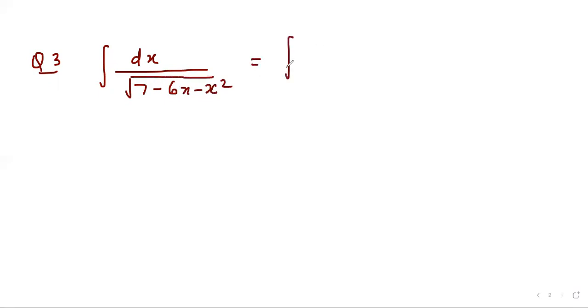Question number 3. Integration dx divided by root of 7 minus 6x minus x squared. So this can be written as integration dx divided by root of 7 minus, inside brackets, 6x plus x squared.